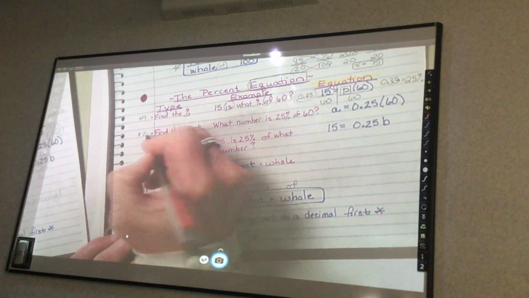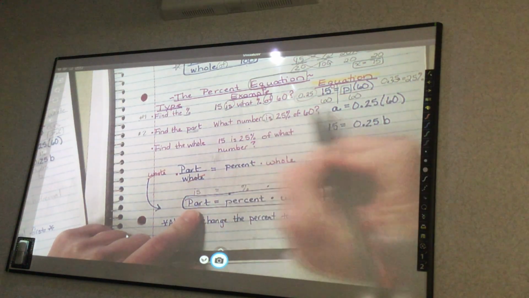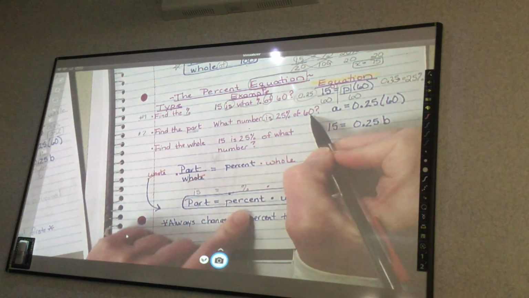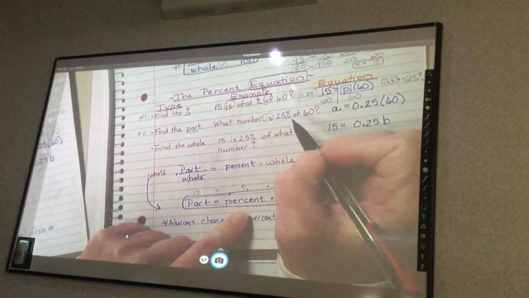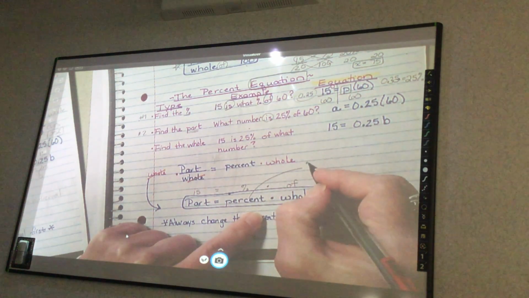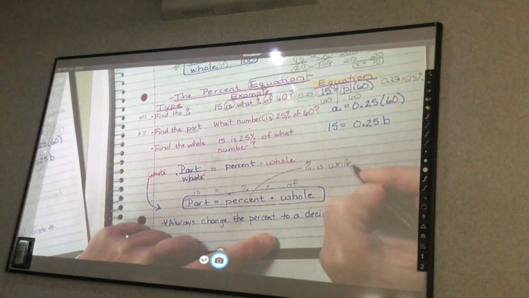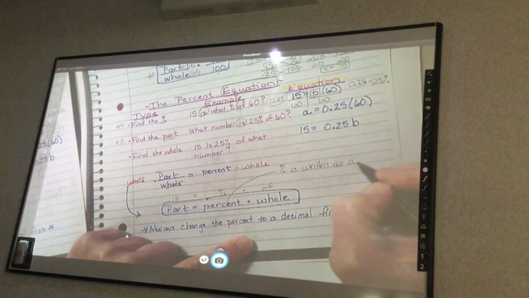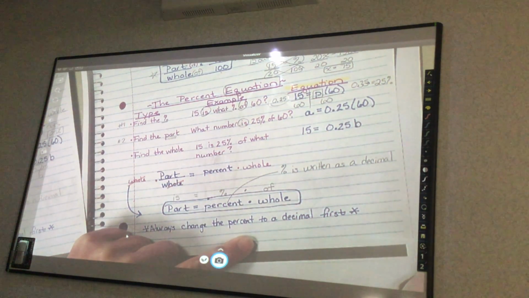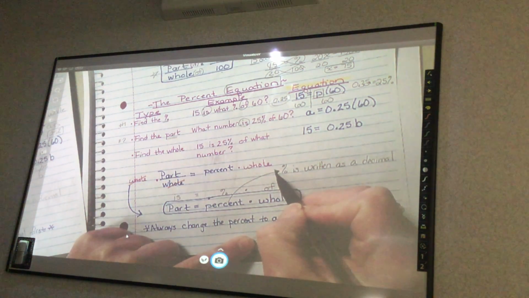Now we're going to find the part, which is the is. So what number is 25% of 60? I don't know what that is. When you have percents, you're always going to write the percent as a decimal in the percent equation.